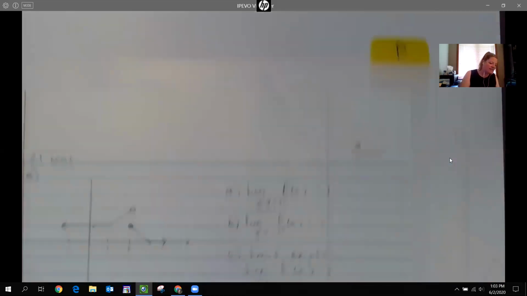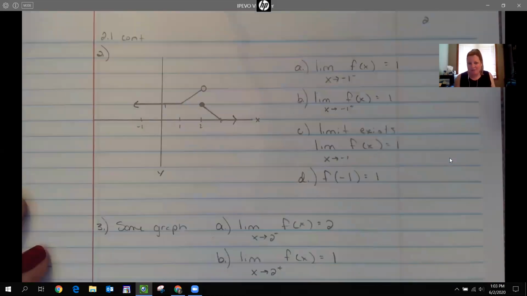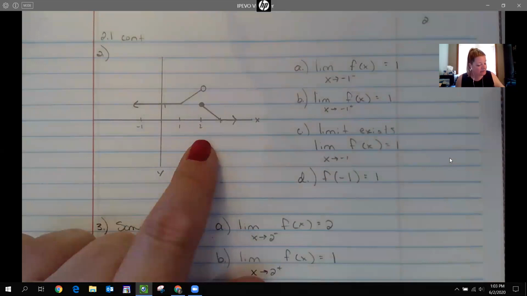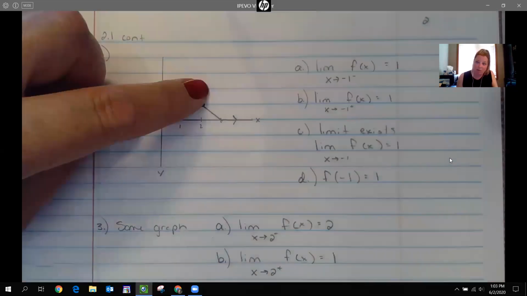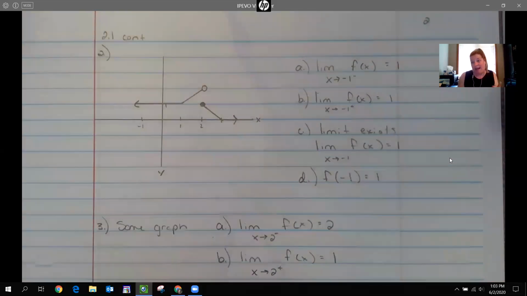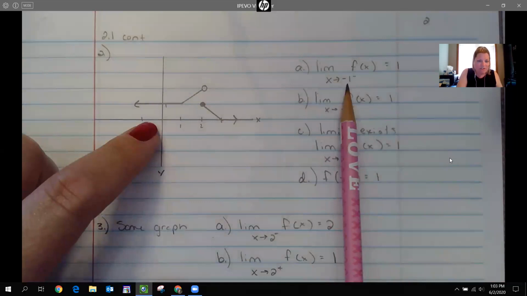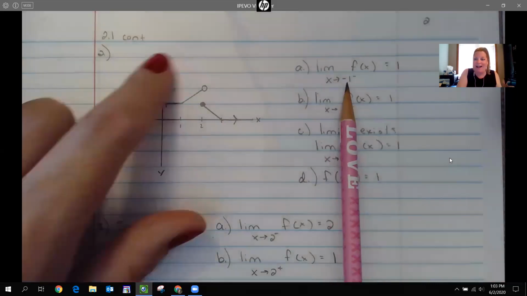Now here's an example of one that might be different from left to right here at this 2 spot. Can you see that we're coming into a different number from the left to the right? That's what I mean by the left and right having to be the same for that limit to exist. So let's look at this first one. It says, what's the limit as x approaches -1? We're just calling this function drawn here f of x.